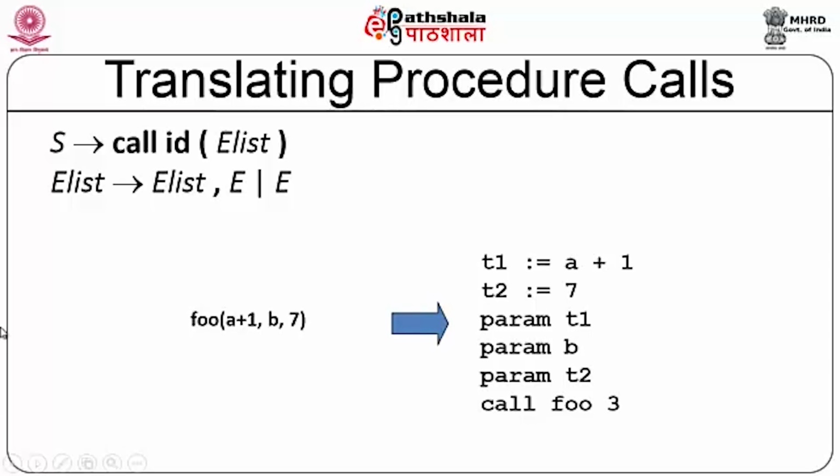This is a typical procedure call in Pascal where I have a call ID and an EList, and EList produces EList comma E or E. If I have a function call like foo(a plus 1, b, c), then this is how it is evaluated: param t1, param b and param t2, and then call foo with 3 arguments.